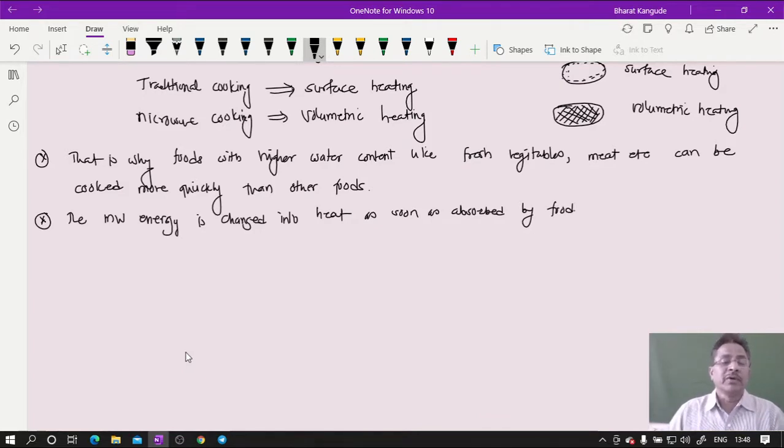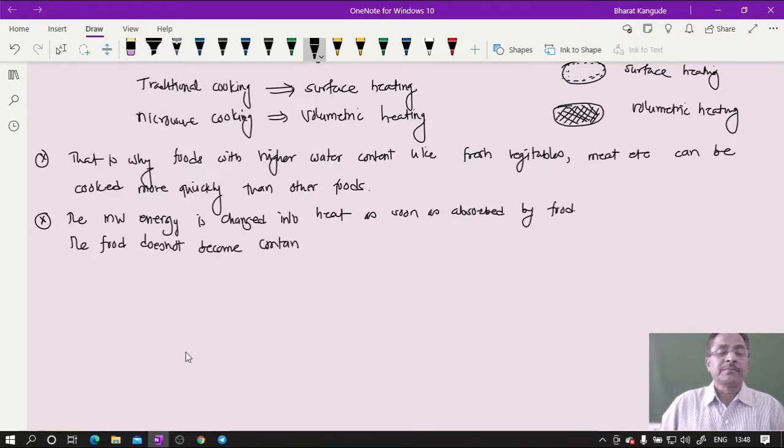This microwave energy gets changed into heat energy as soon as it is absorbed by the food. Okay, so therefore the food does not become contaminated, or it doesn't become radioactive too. So it is safe for eating.